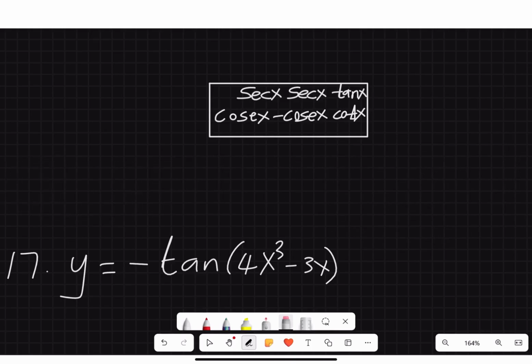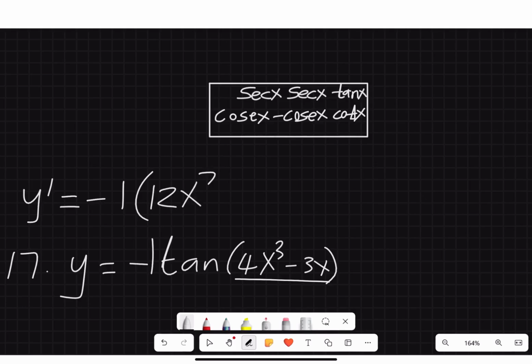The answer would be, I'm going to write it on top, ladies and gentlemen. So here there's a negative 1 which remains because it's a constant. Then I need to multiply by the derivative of the angle, which is going to be 12x squared, because this gives me 12x squared when I differentiate it. Then this one will give me minus 3.